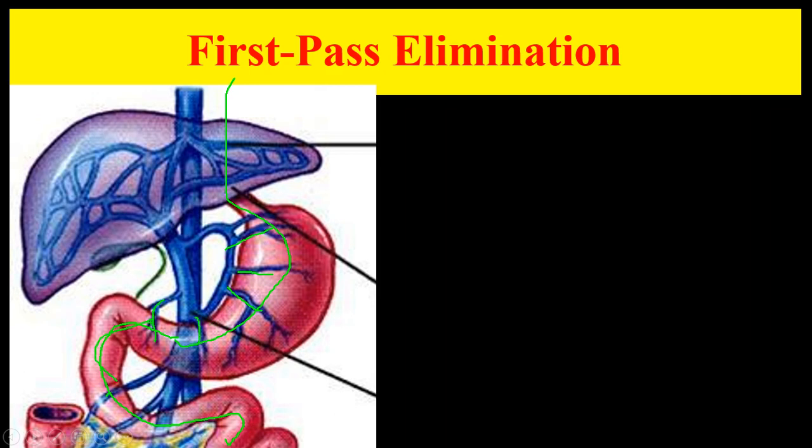So where does it take it? It will take it inside the liver, and then it will go to the hepatic vein, and then to the inferior vena cava.